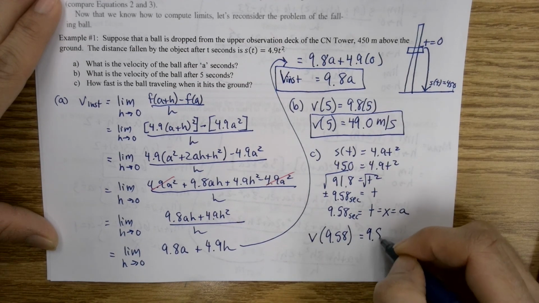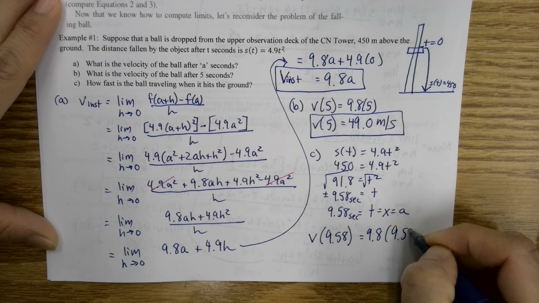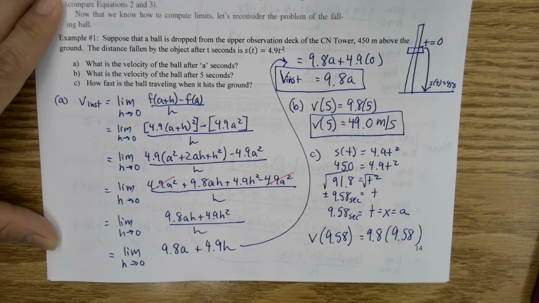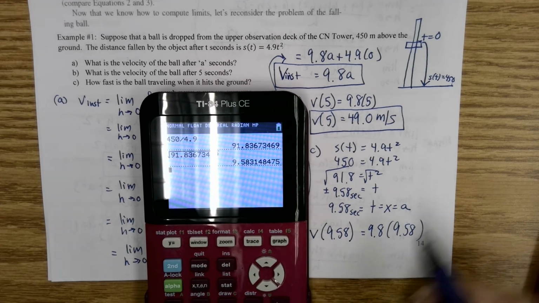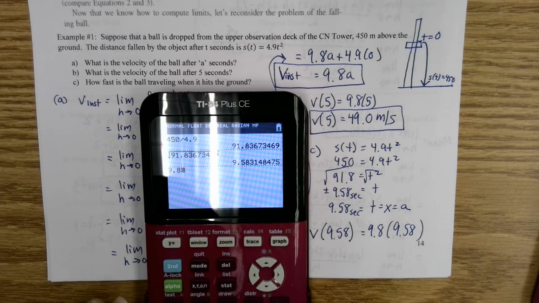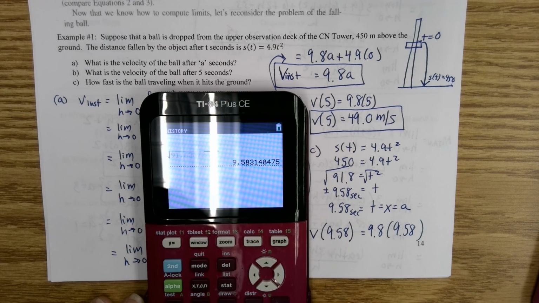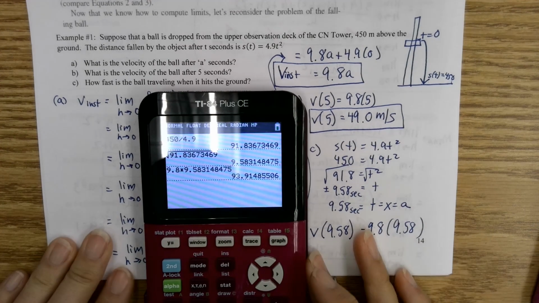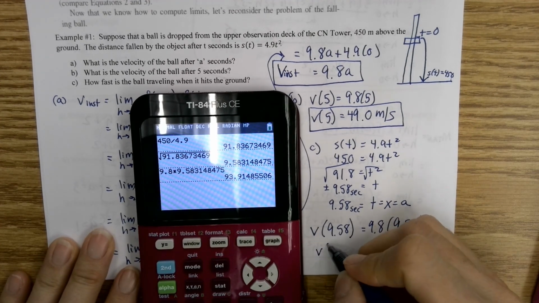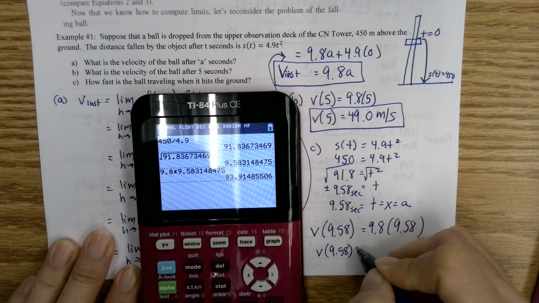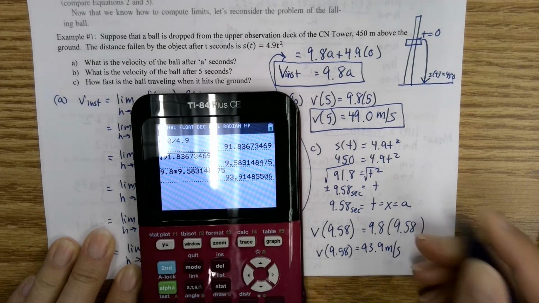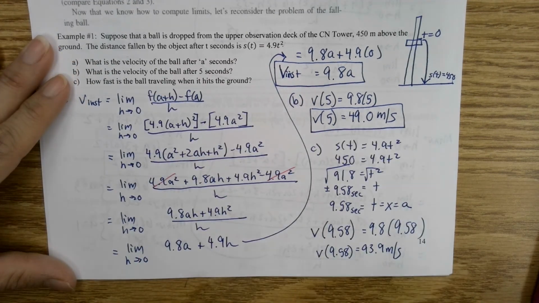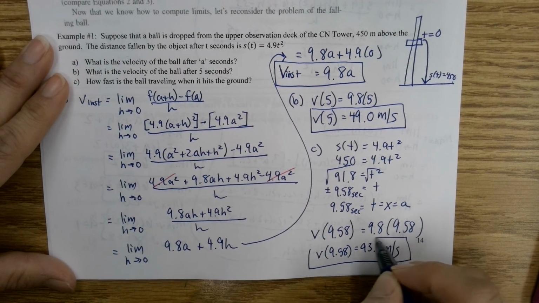So it would be 9.8 times 9.58. And I do recommend that you not use that rounded number. I would recommend that you use the exact answer. So I'm going to just go up and grab that exact answer there. And I am left with a velocity at 9.58 seconds of 93.9 meters per second.